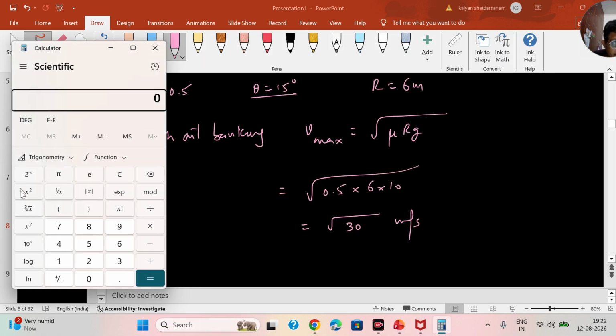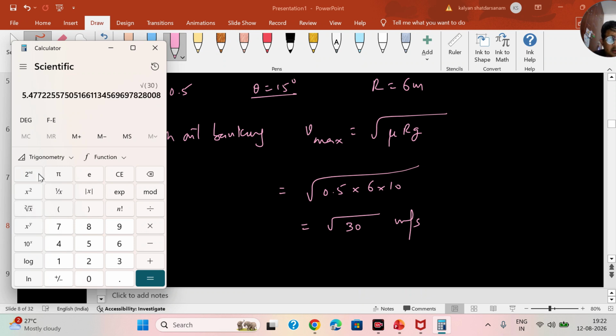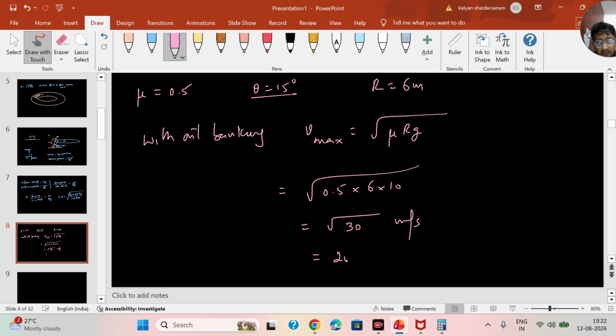So 30 into square root, 5.477 meters per second. Let's convert it into kilometer per hour, into 18 divided by 5. 19.71. That's like 20 meters per second.